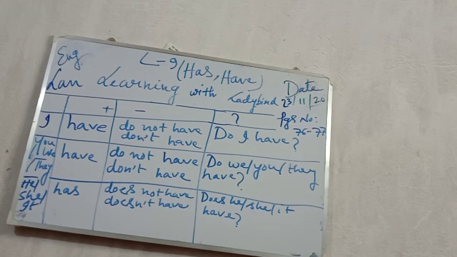Then for plural numbers, come to the next line, next example. For using plural numbers in a question, an interrogative sentence: Do Natalia and Marco have a car? Yes, they have a car.